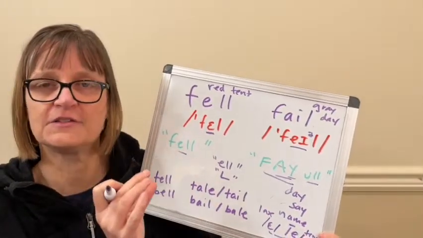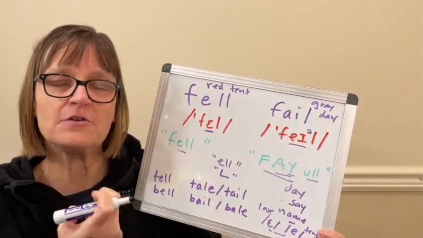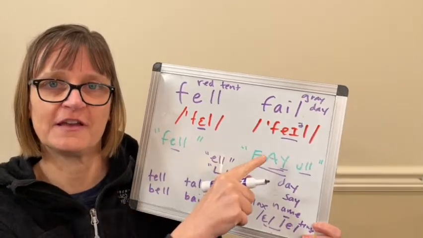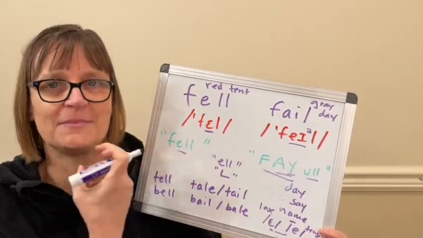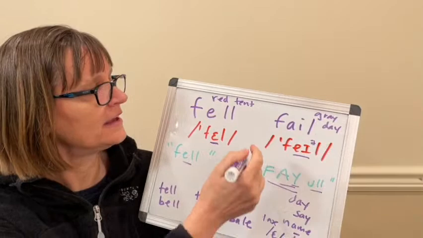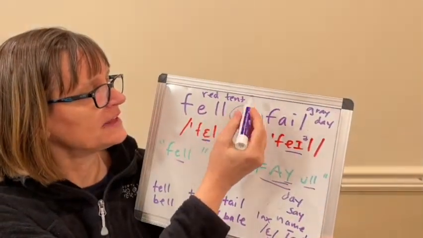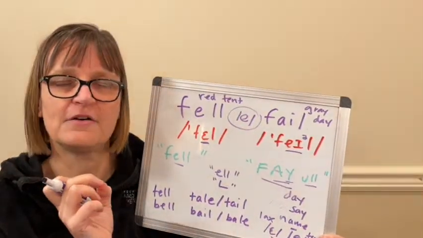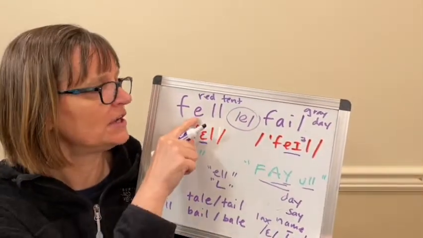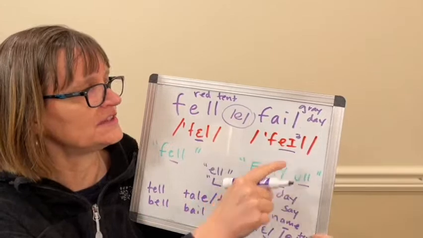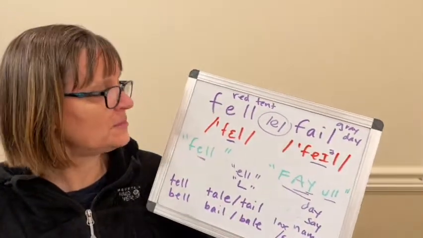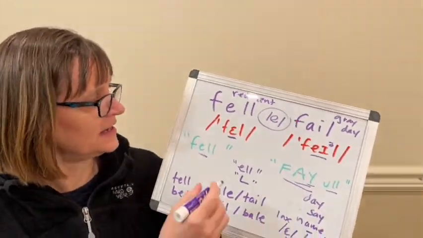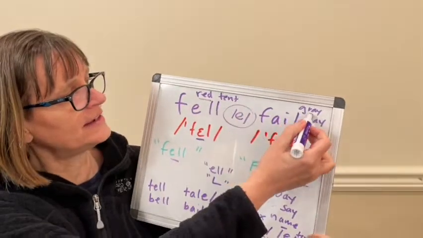Versus fell is going to be a little bit shorter. But the vowel should also be different. Don't just say fell and fail with the same eh vowel. I think for many non-native speakers, they will say both of these words with the eh vowel from their native language rather than using the eh versus the A vowel. So you might find that easier, again, like I said, in words like red and gray.